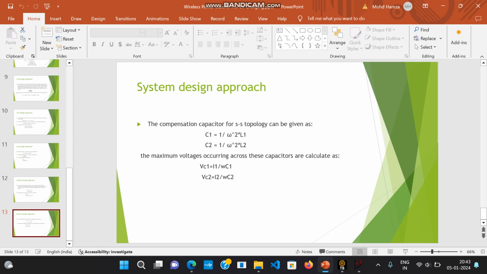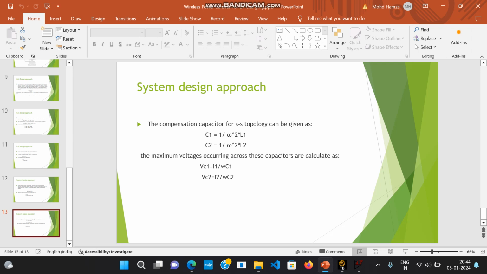Omega is the angular frequency and it can be expanded as 2 pi f. Once again I am repeating, omega can be expanded as 2 pi f. So then our equation will become C1 is equal to 1 divided by (2 pi f) whole square into L1.